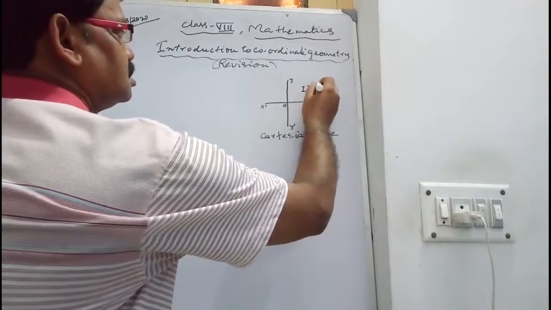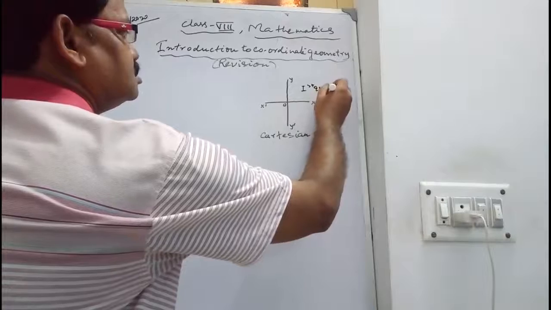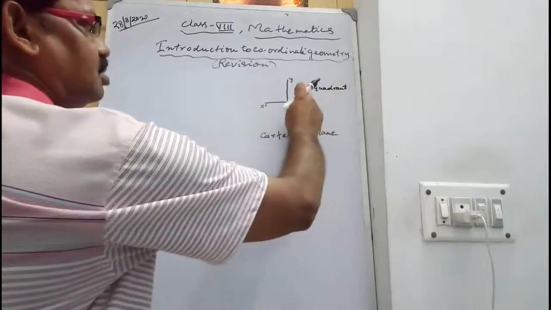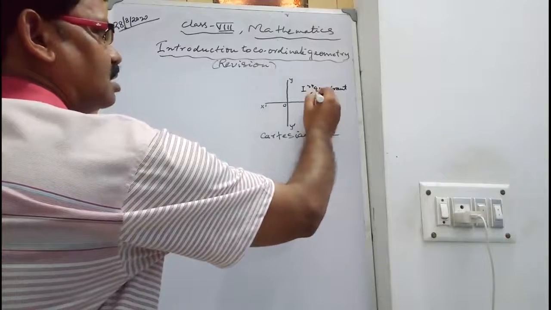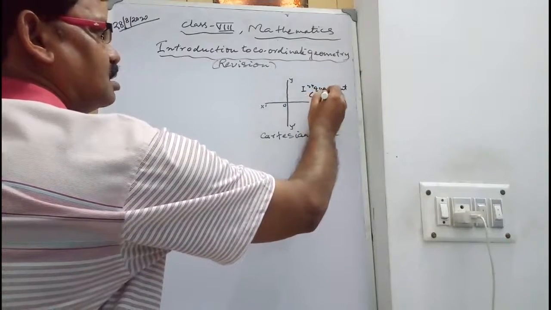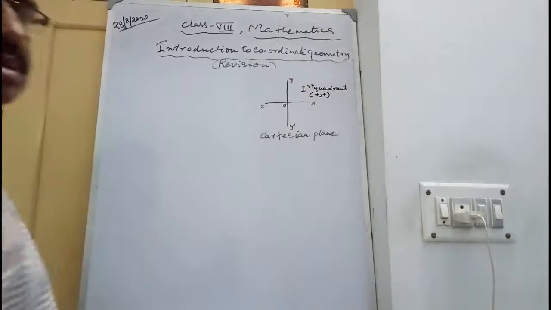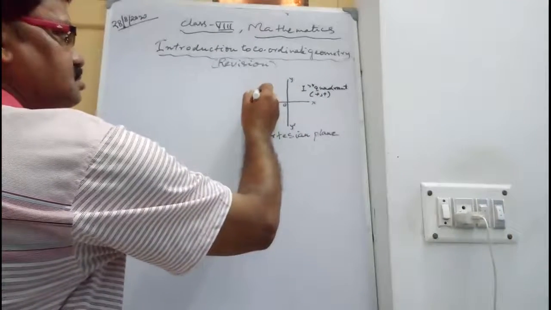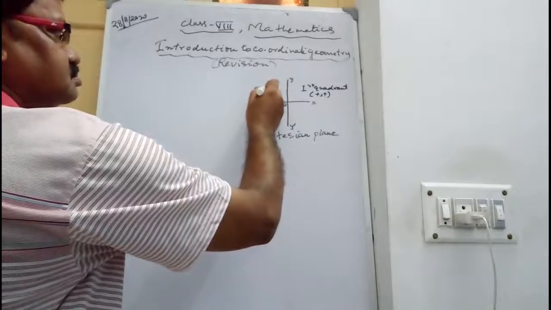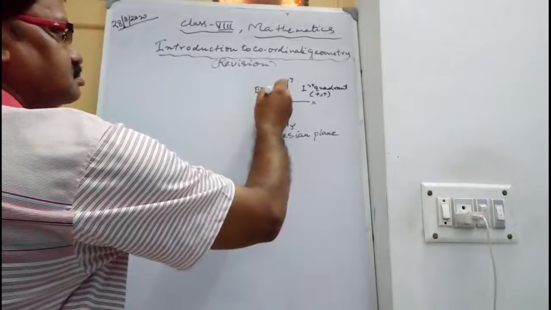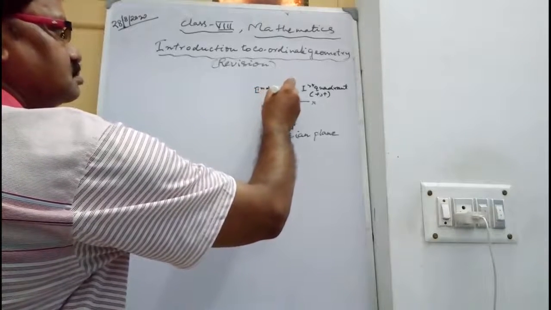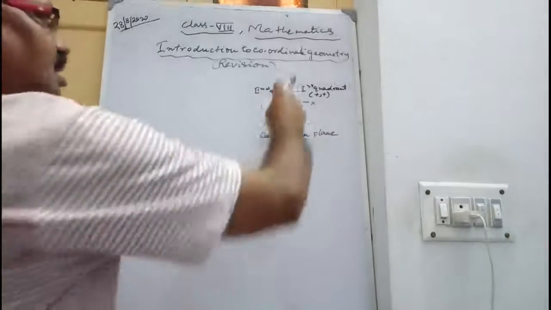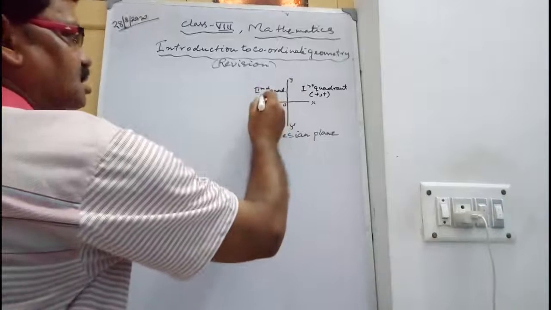First quadrant, where both x and y are positive. This one second quadrant, where value of x is negative and value of y is positive.